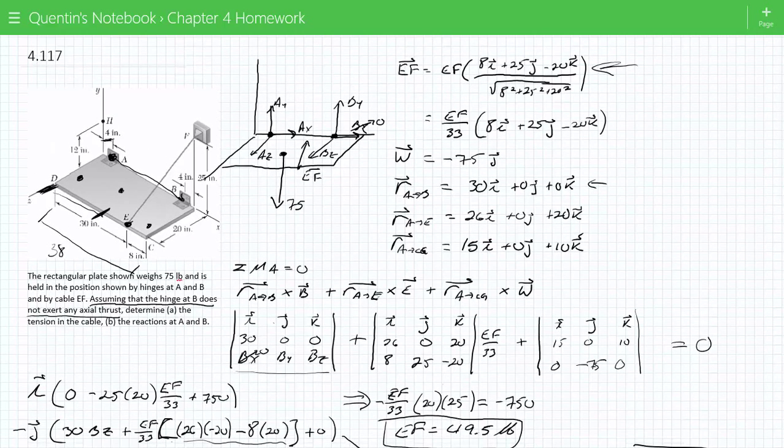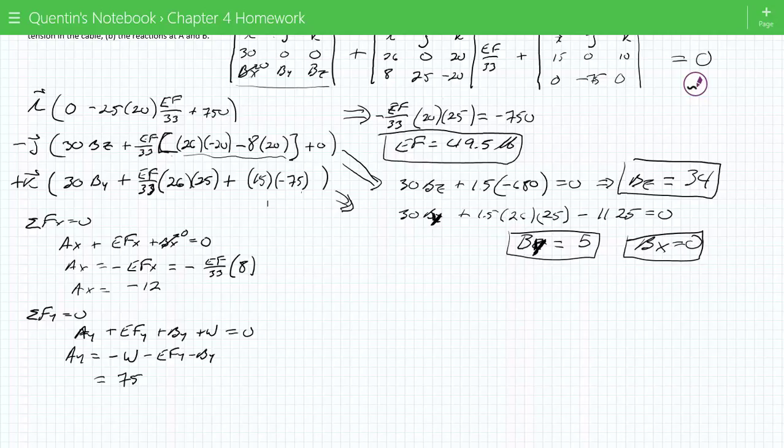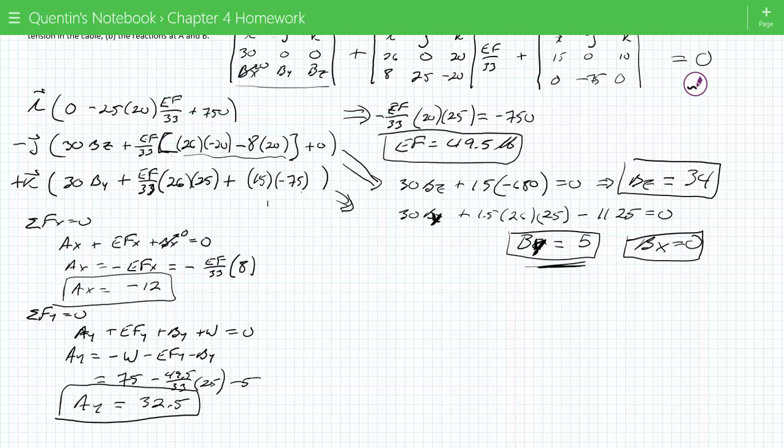So it's 25 over 33 times EF. EF in the Y, so minus 49.5 over 33 times 25, right? Minus BY, well, I found BY right here. It's just minus 5. So therefore, AY is equal to 32.5. Here's AX.